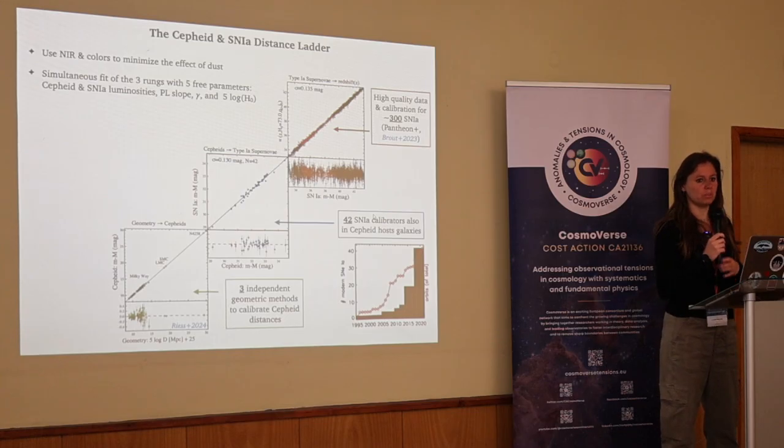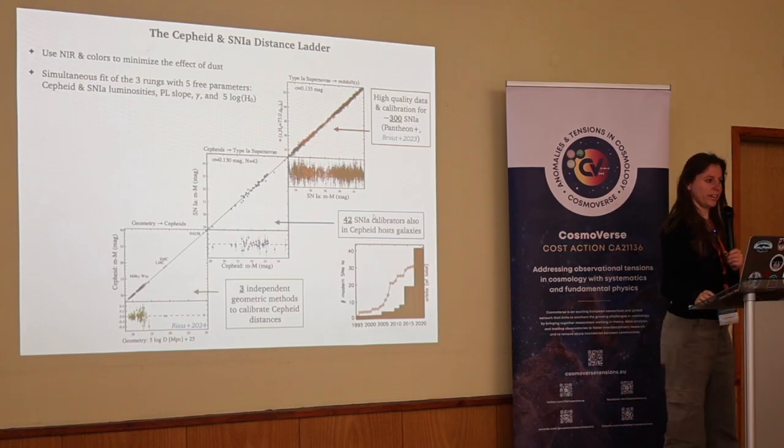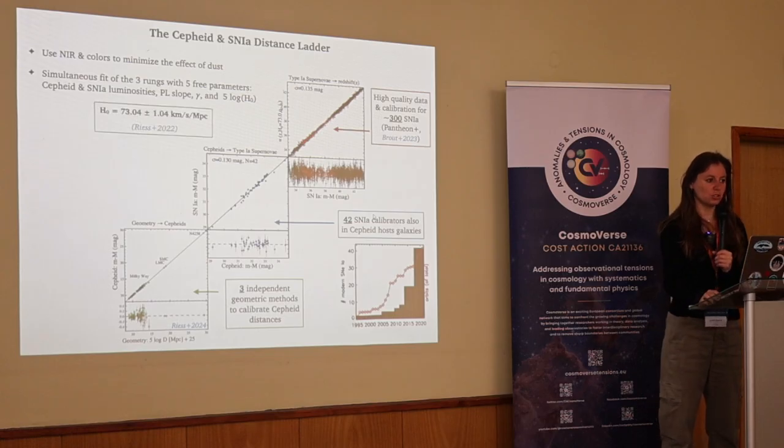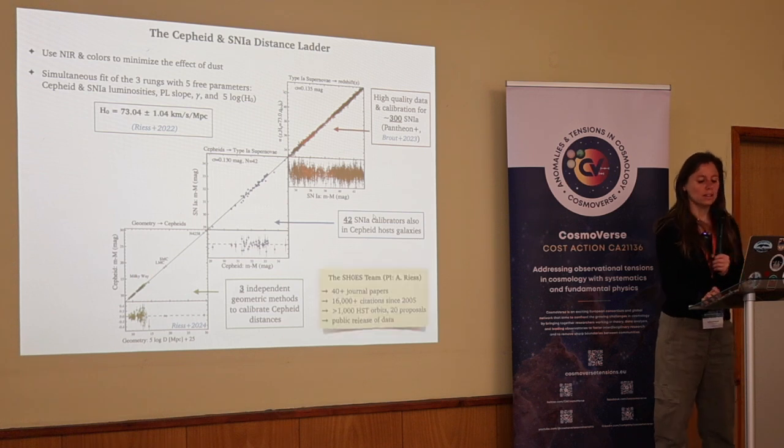This used to be the main systematic of Cepheids. And then finally, 5 log H0. And this has been the result of the SHOES team as of 2022. Again, the higher value, 73 plus minus 1. And this is why you should trust us.